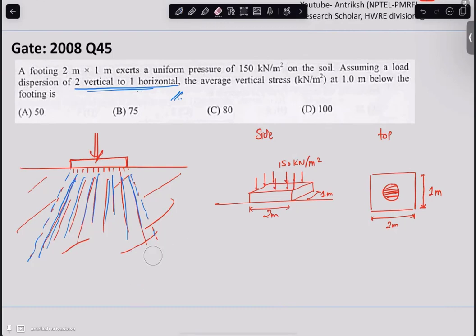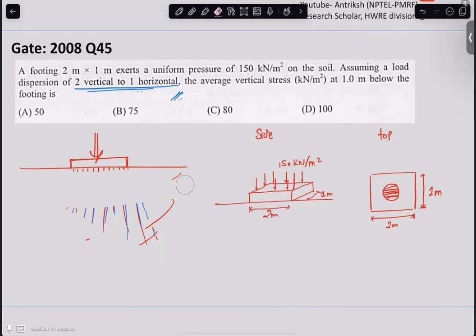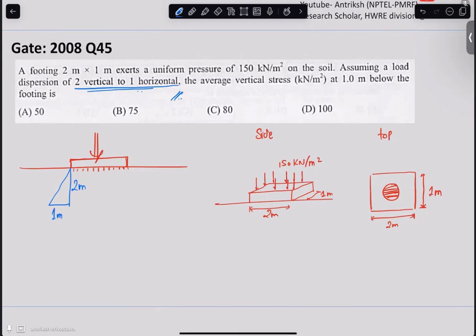That means that the stress area where your stress generated by footing is acting will move sideways by 1 meter if you go to a depth of 2 meters. So 2 vertical by 1.